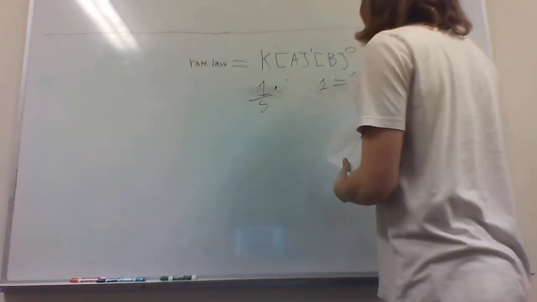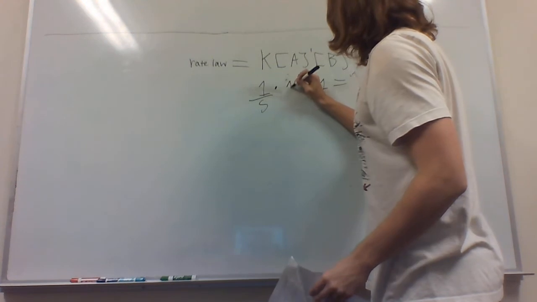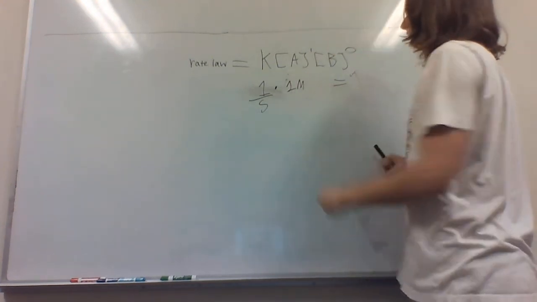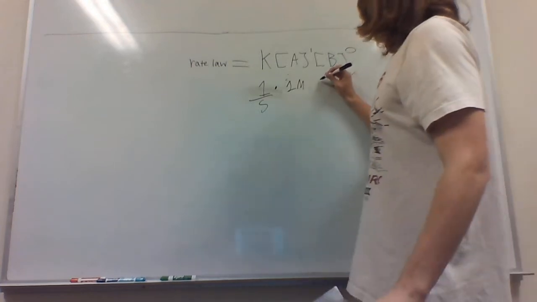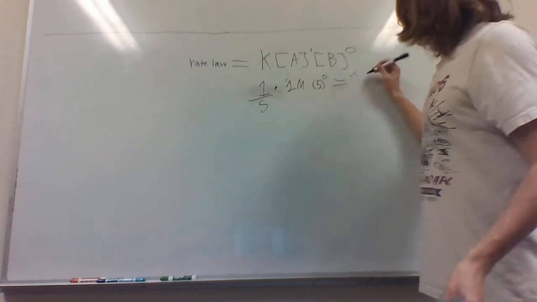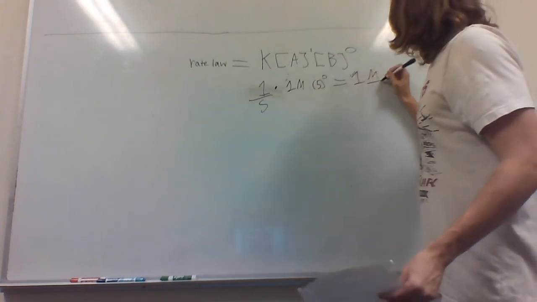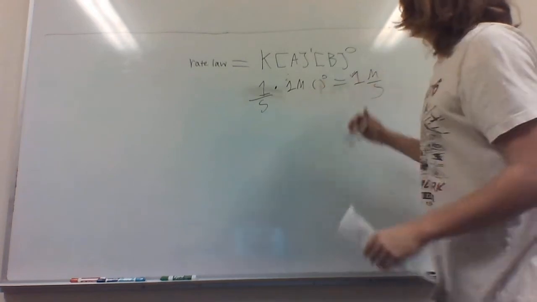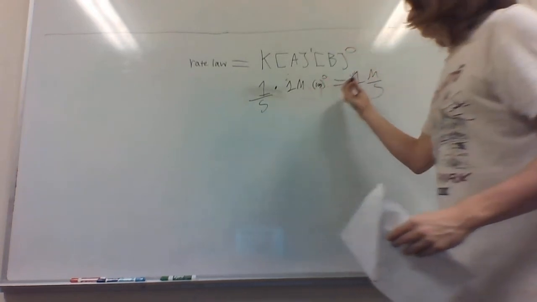Now, let's show an example with the concentration of B. Let's do 5 to the power of 0. What do we get? 1 molar per second. Now let's do 100 to the power of 0. Still the same answer.